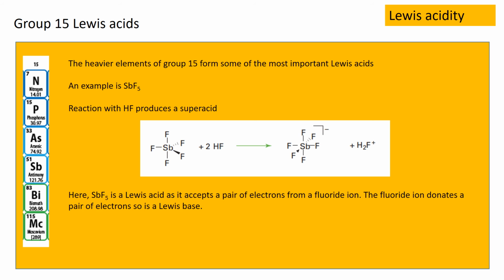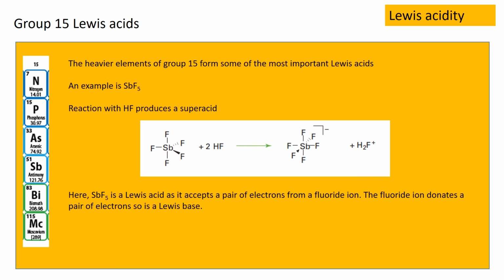Group 15 then, the heavier elements of group 15, so antimony, bismuth, moscovium, are able to form some of the most important Lewis acids. So have a look at SbF5 here, and what happens when you react it with hydrofluoric acid.